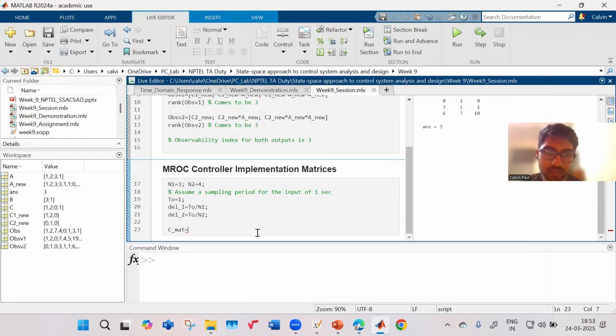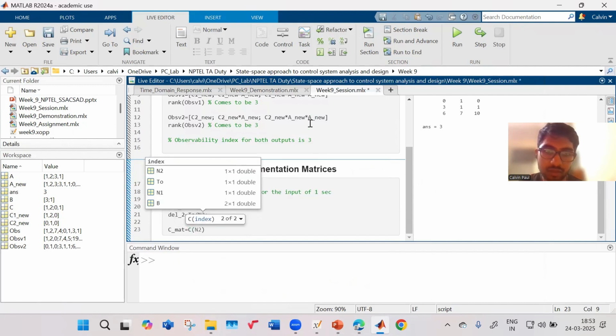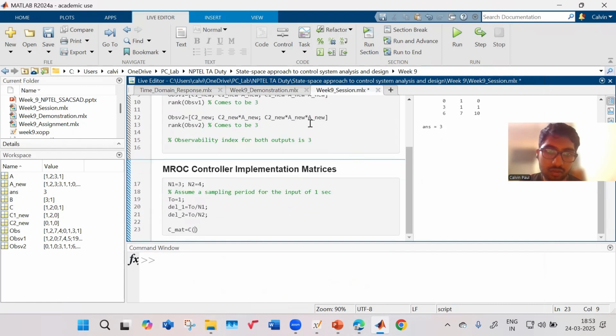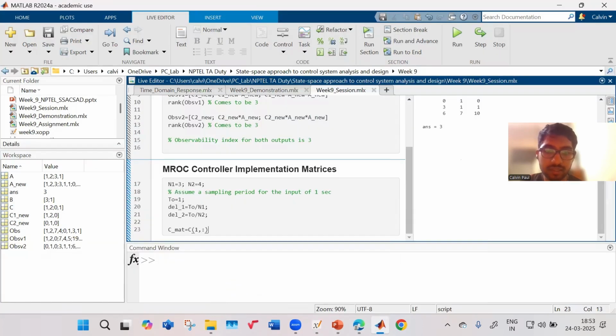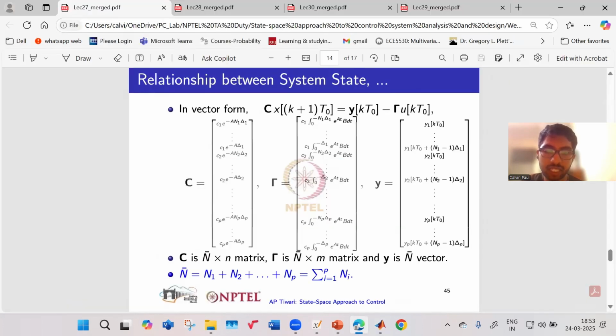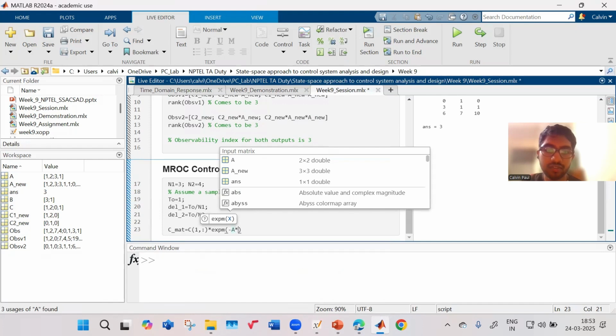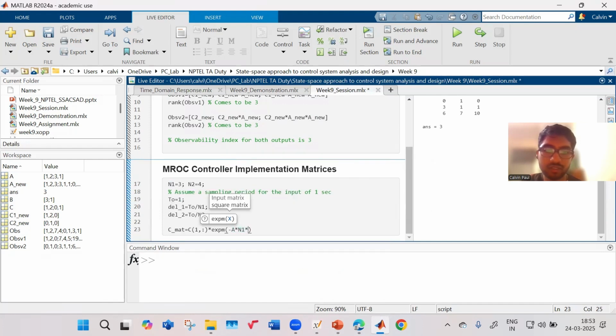So this is C column C. First row and all columns C into expm of minus A into n1 into del underscore 1.